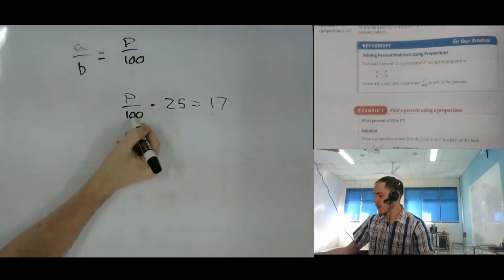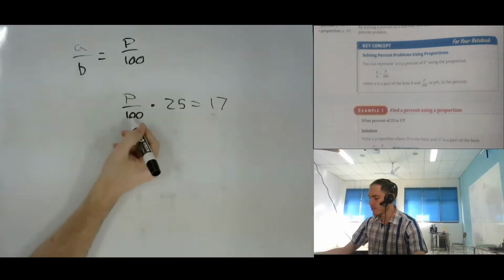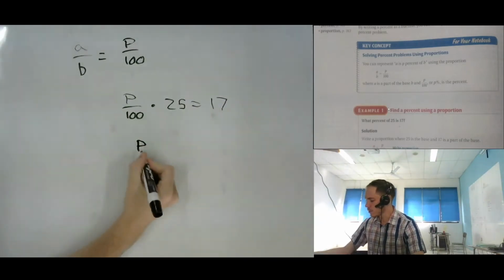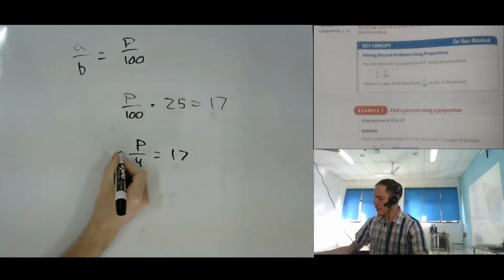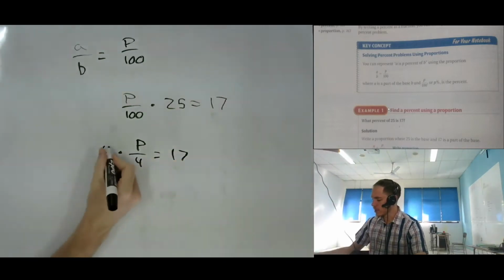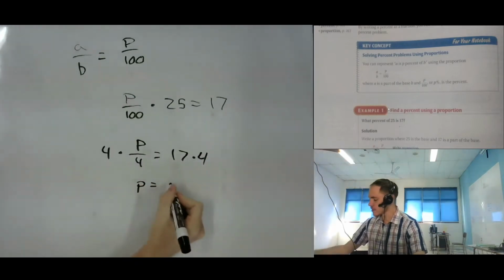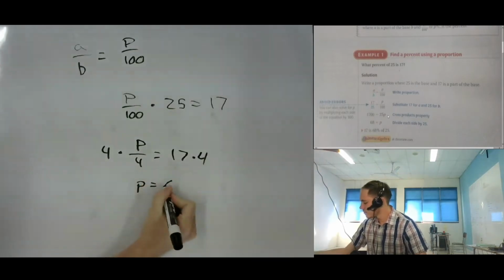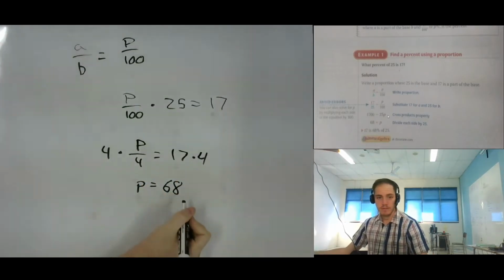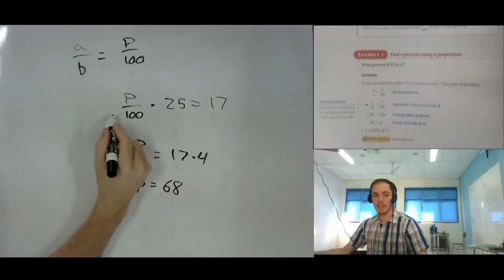You can solve this two ways. You can multiply 25 divided by 100, which gives us P over 4 equals 17, and then use the multiplication rule of equality to solve this. So P equals 68.